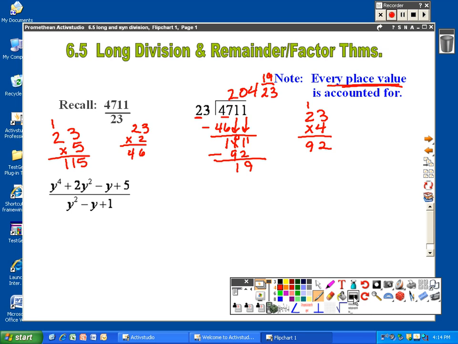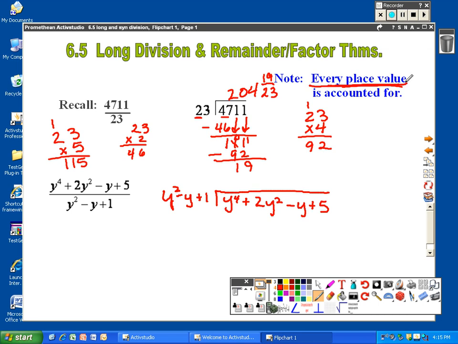So, here, y to the 4th plus 2y squared minus y plus 5 divided by y squared minus y plus 1. My divisor is y squared minus y plus 1. And I'm dividing that into my dividend of y to the 4th plus 2y squared minus y plus 5.